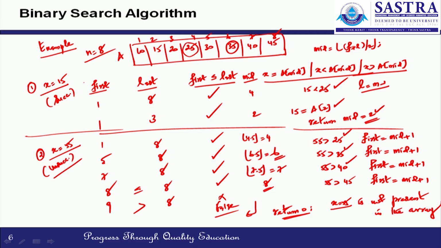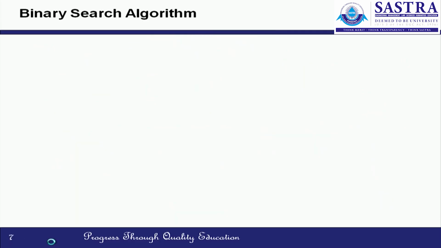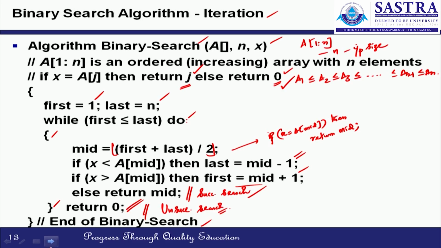So, clearly the iterative version of the binary search algorithm works correctly for all possible inputs, that may be a successful search input or an unsuccessful search input.